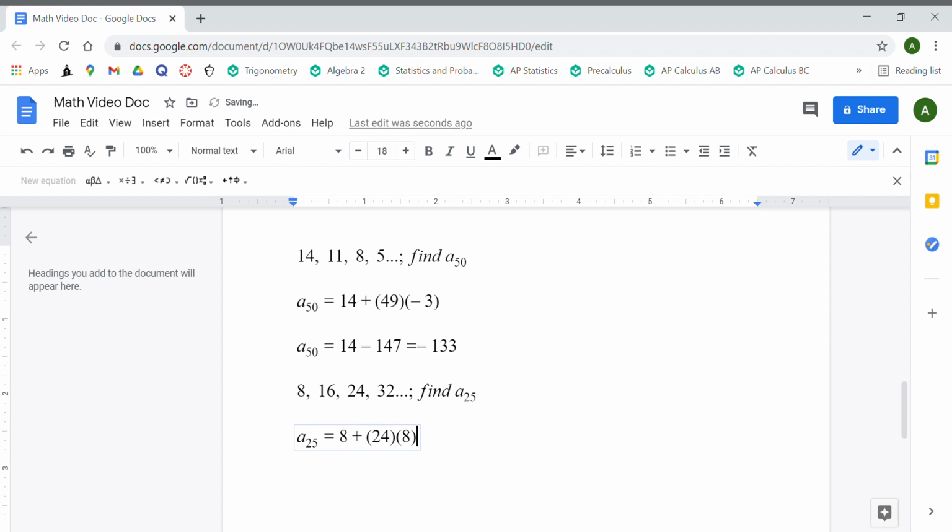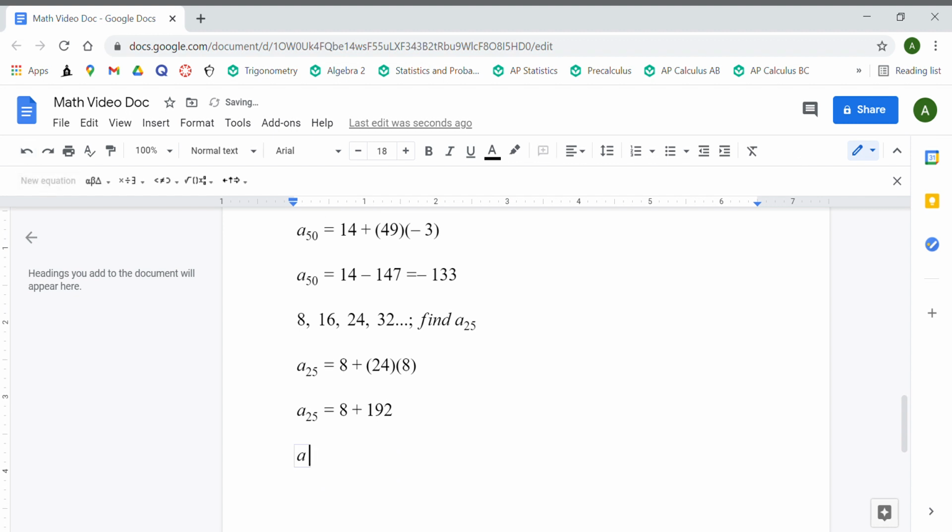It's going to be 8. And then a sub 25 equals 8 plus, let me calculate this in my head again, 8 times 24 is 192. And then a sub 25 is 200.